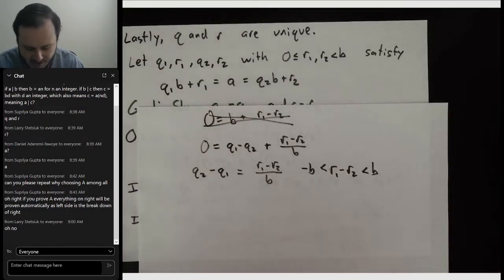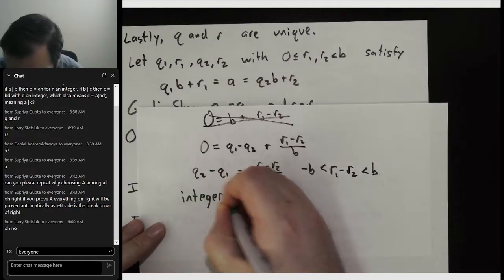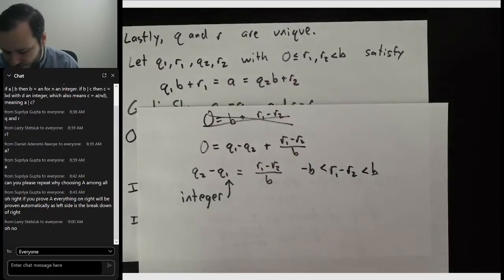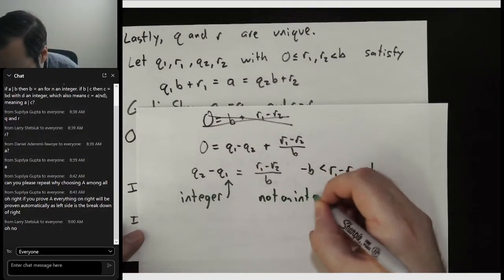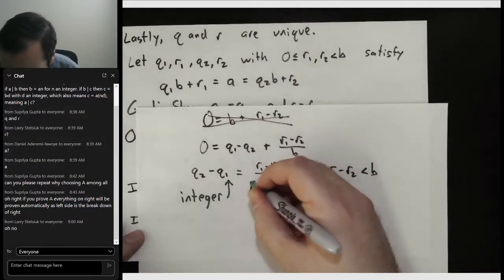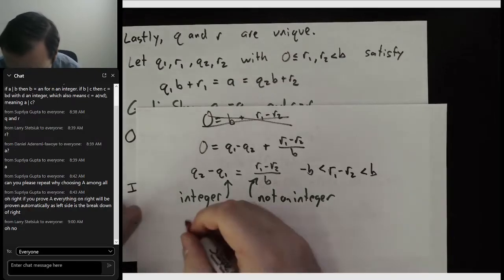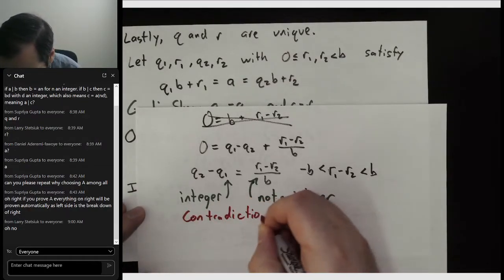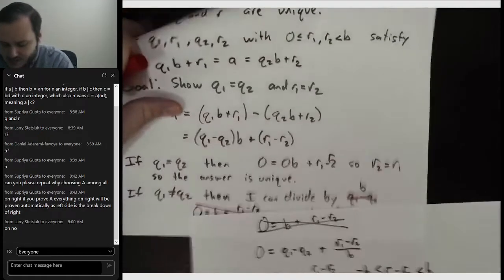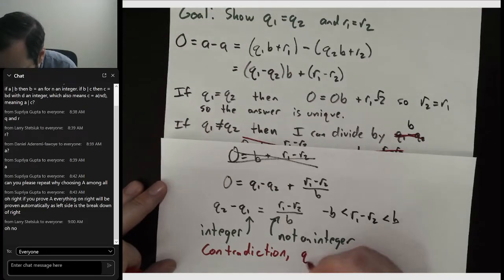So this side is an integer, and this side is not an integer. Which means I have a contradiction, which means this Q1 not equal to Q2 case was not possible.